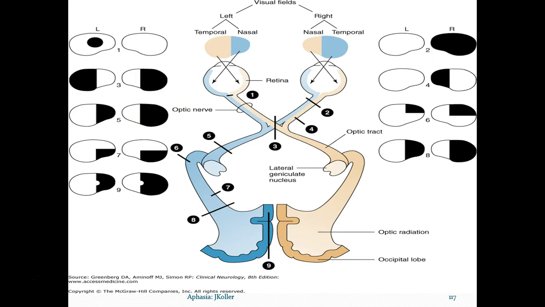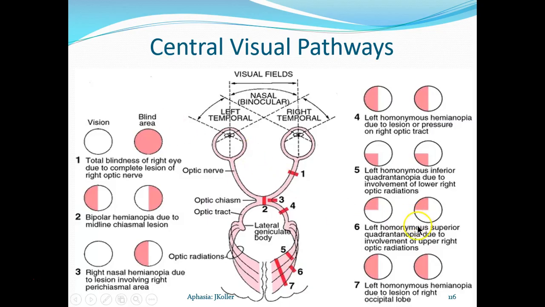That name is called right homonymous. I'll show you that word. It's in the slide that we had before. It's over here. Here they happen to show you left homonymous hemianopsia. That word is over here. Here's an example of left homonymous hemianopsia.